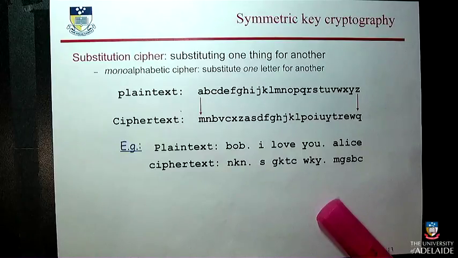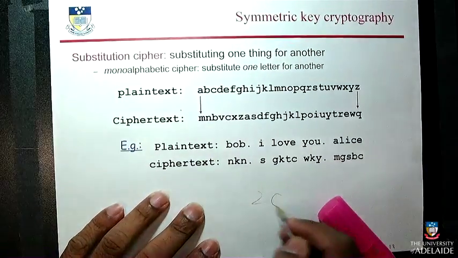What's the complexity of an attack? How many trials would you need? How many times would you need to try? How many possibilities are there for the letter S? Right, so the complexity is 26 factorial.